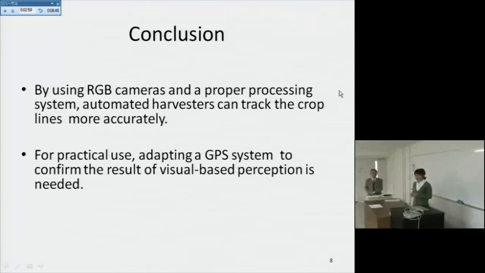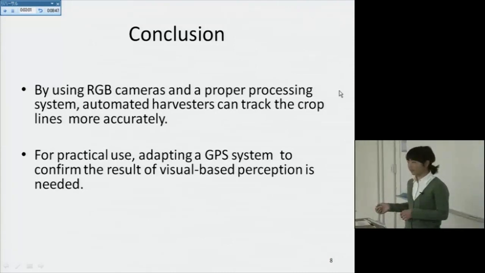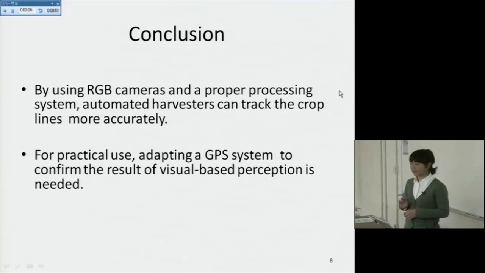You mean, is there any way to operate the harvester automatically? The paper I referred to said that it's possible with a GPS positioning system, but it's better to combine GPS systems and vision perception systems together.